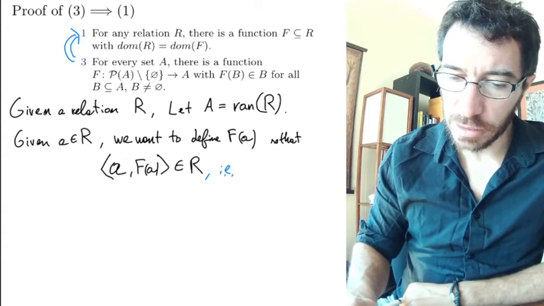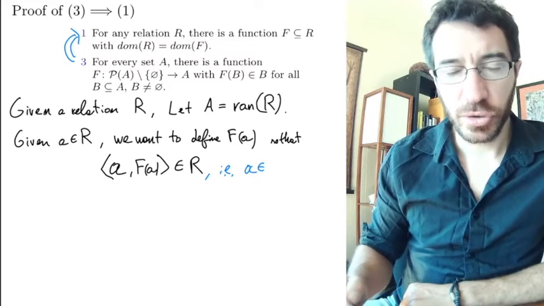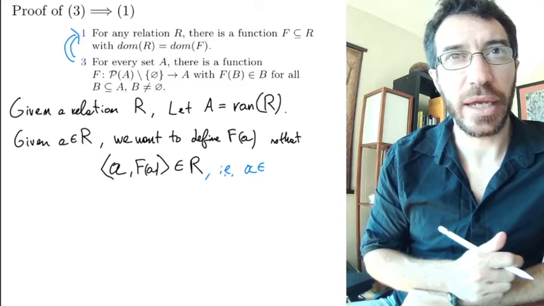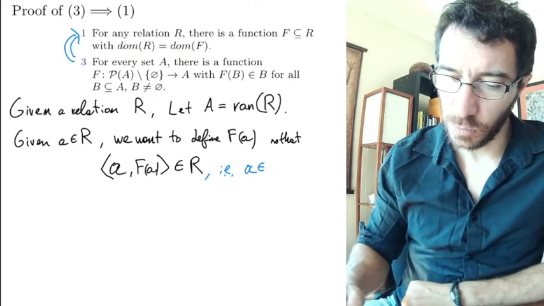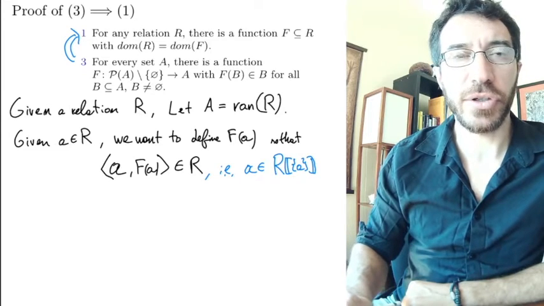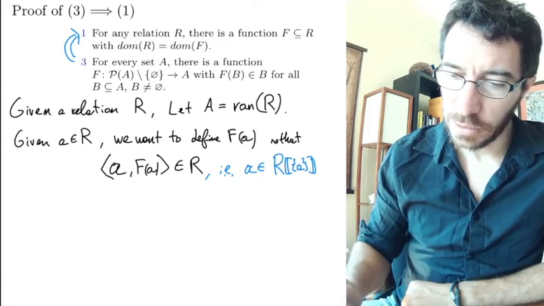is that f of a belongs to the set of all the things that are related to a, which we called R_a in some earlier video weeks ago. Remember? So what is this?